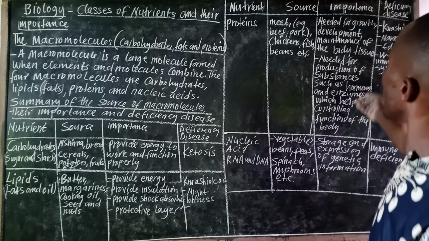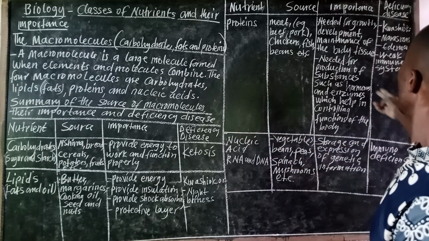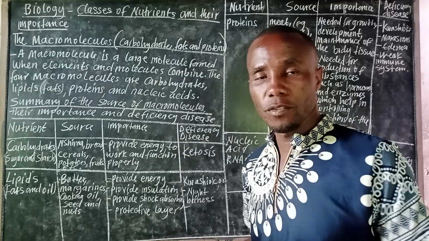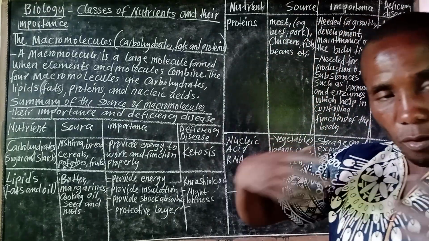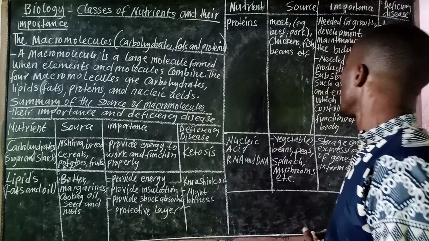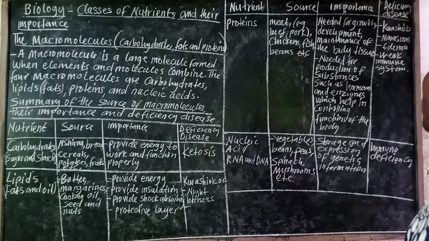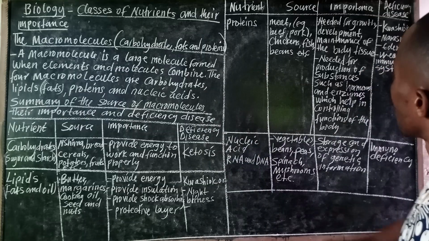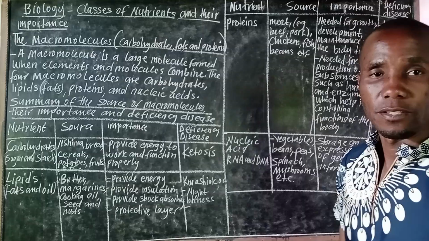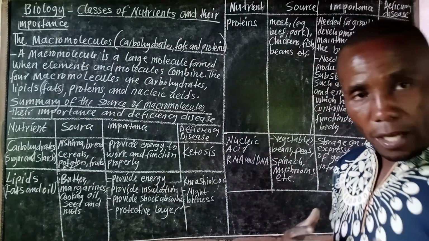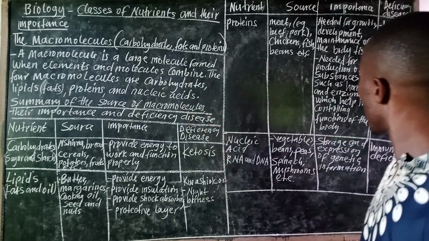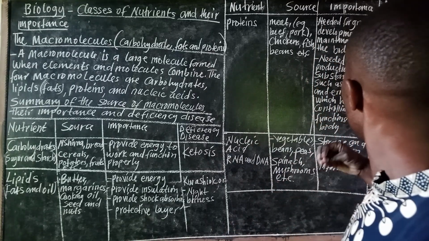Now, what's the importance of proteins? Needed for growth, development, maintenance of what? Body tissues. Okay. So growth, this is a bodybuilding food. It gives us growth, develops and maintains our body tissues. Okay, so it's very important because of that. Also needed for production of substances such as hormones and enzymes, which help in controlling functions of the body.